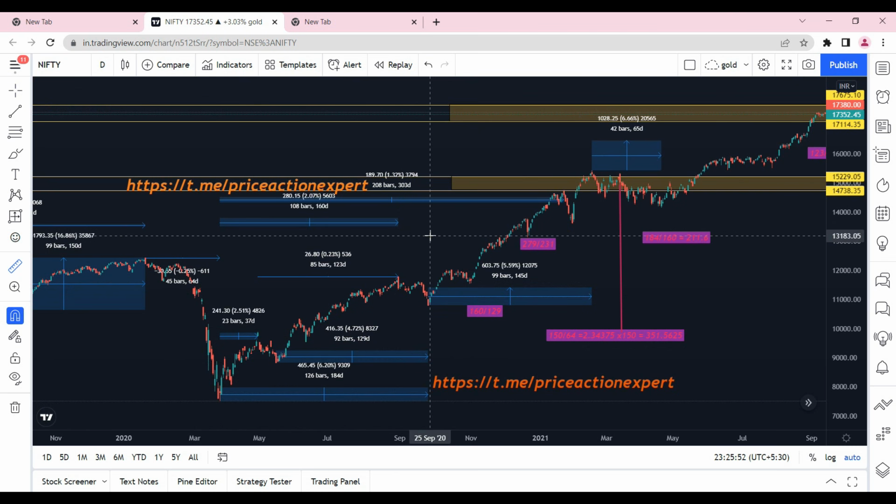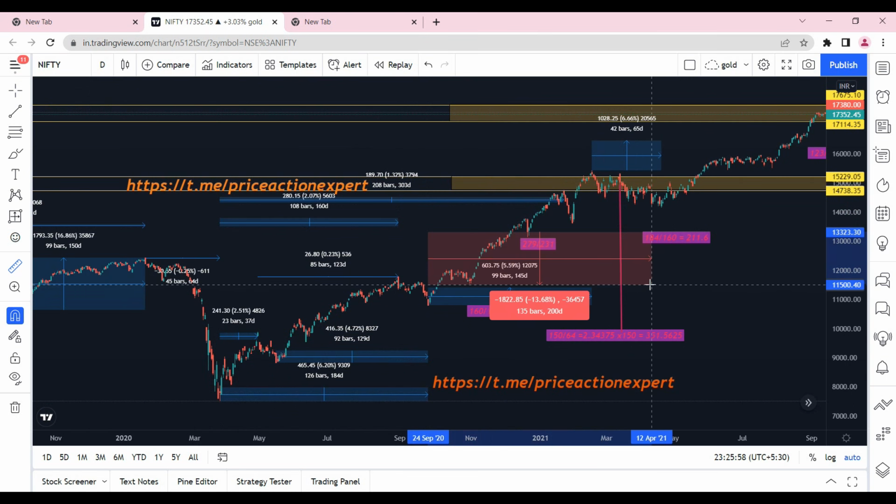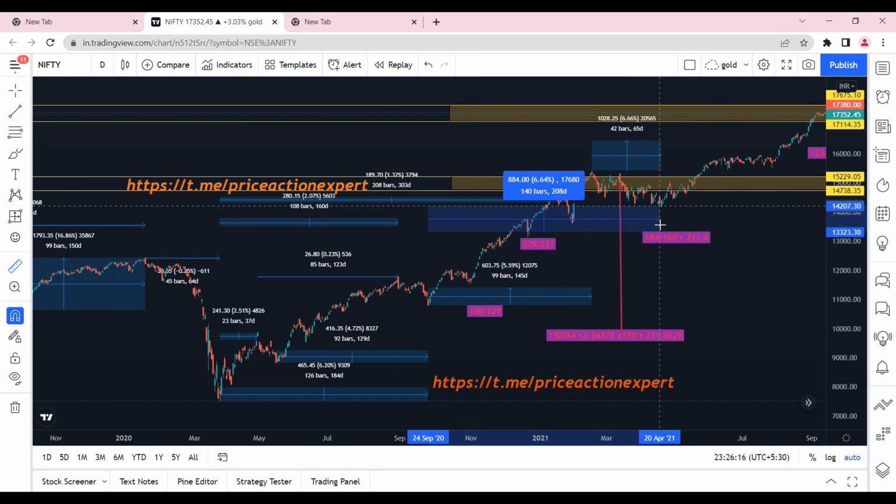From this low, if you take 198 or 199 days, actually it's a weekend, so 197 should be appropriate. So we can see a high price in that region, and after a few days there was a low here. So it all comes together to say that the time is up.